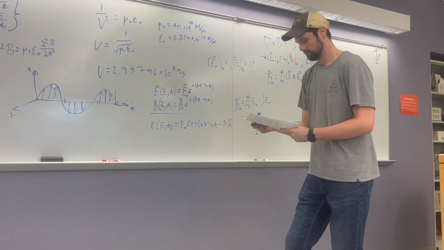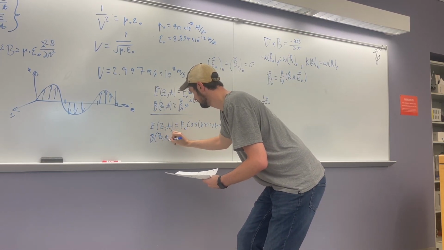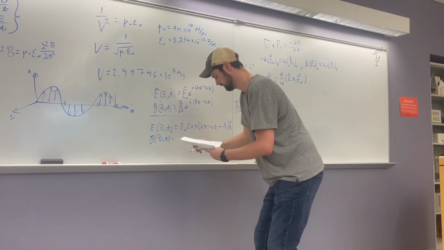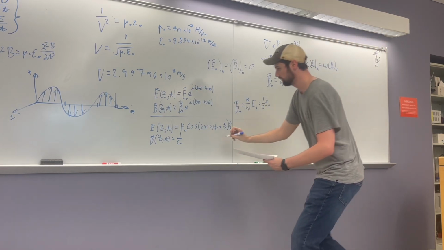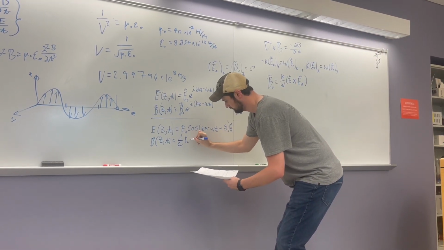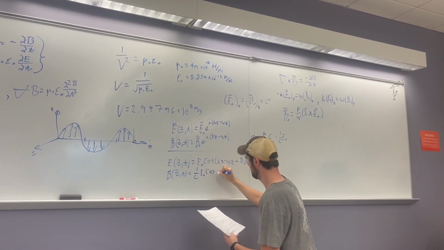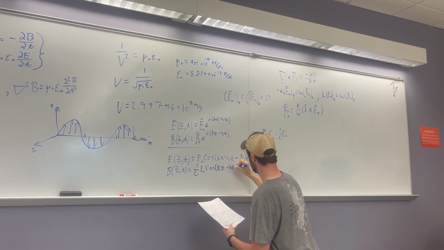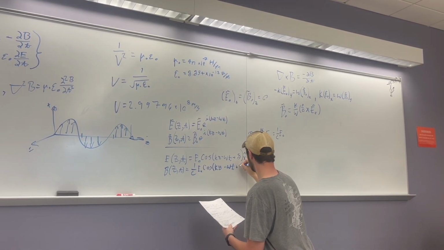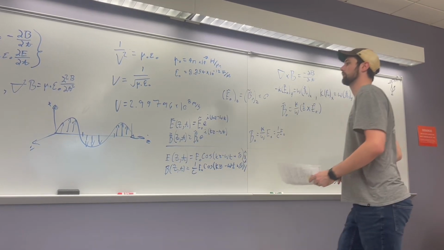And B, similarly, as a function of z and t, is equal to 1 over c times E naught times the cosine of (kz minus omega t plus delta) in the y hat, the y unit vector direction.